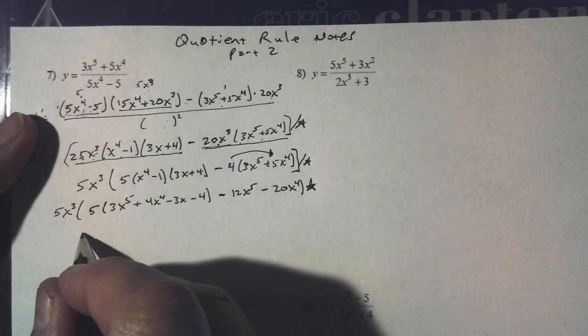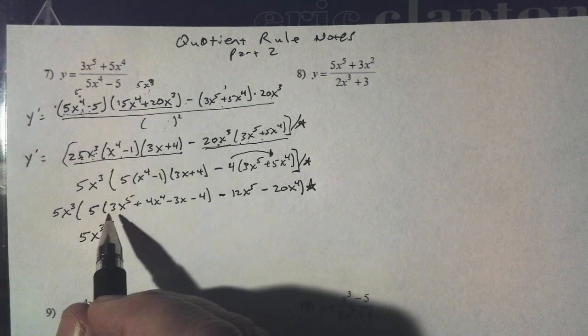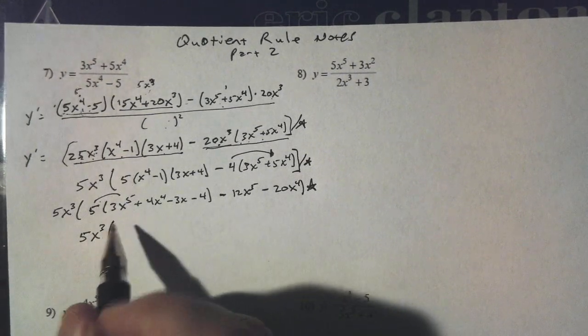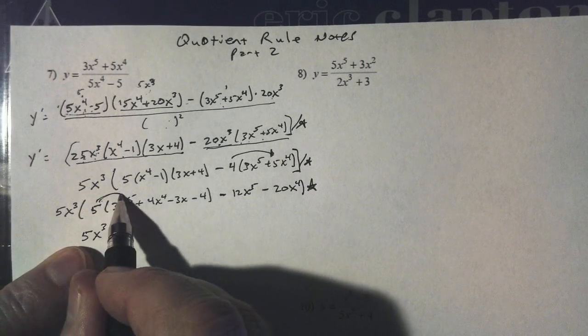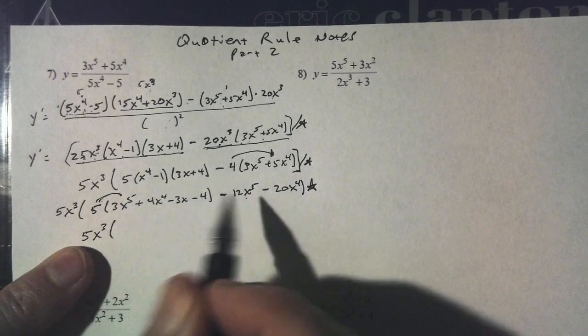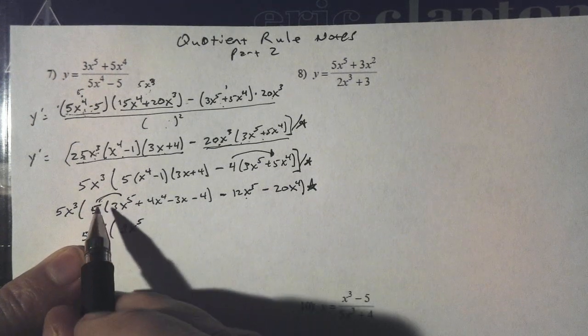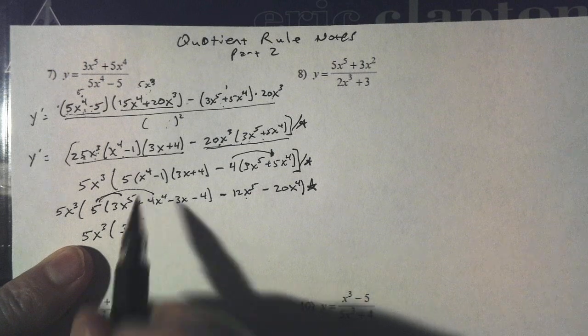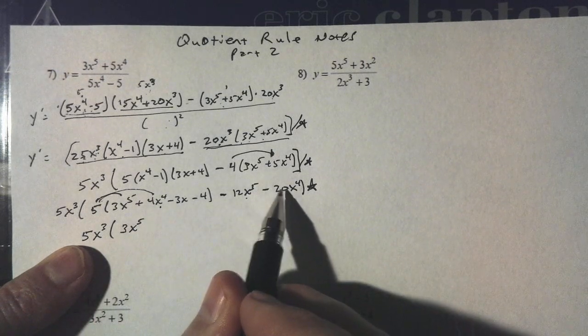So can we do this in one step maybe? Let's give it a shot. 5x cubed times. Here I'm going to get 15x to the fifths minus 12 of them, 3x to the fifth. Here I'm going to get 20x to the fourths minus 20x to the fourths cancel.